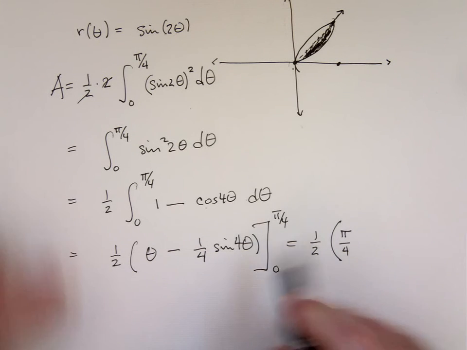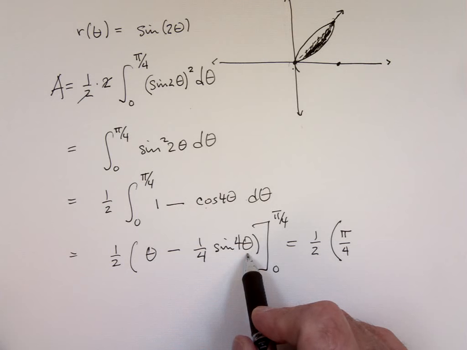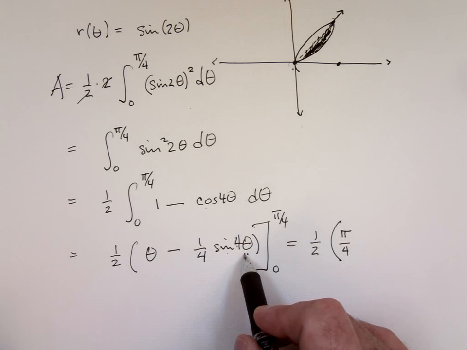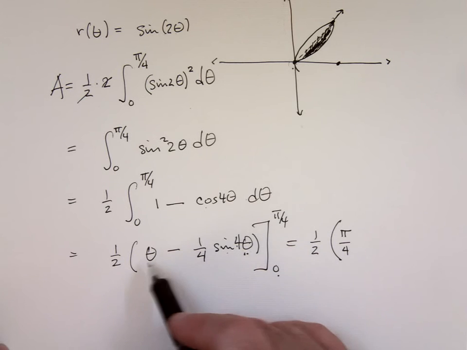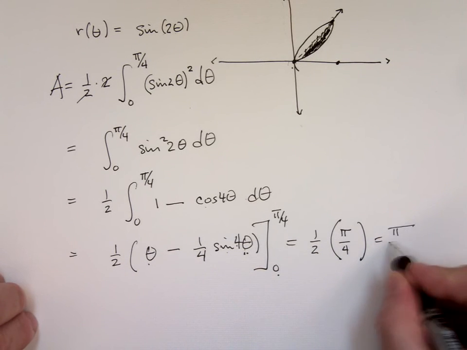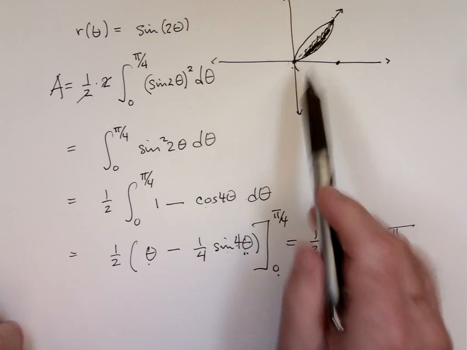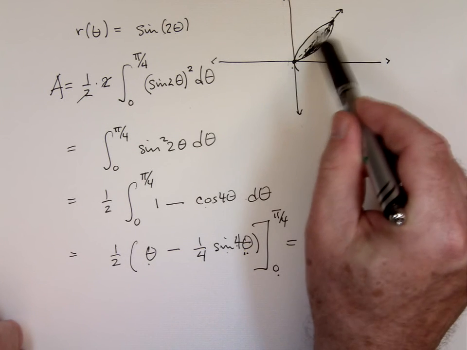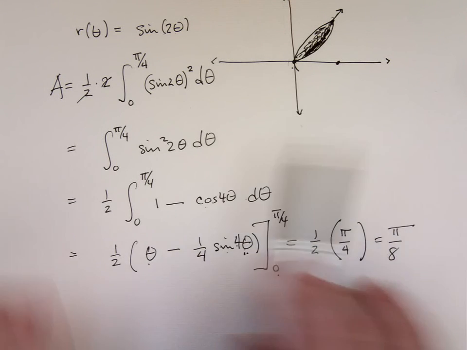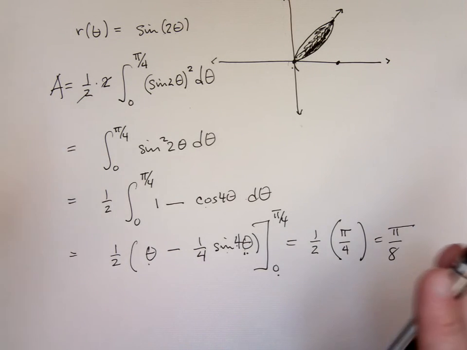Now we substitute in pi over 4 for theta, multiplied by 4, we get the sine of pi, 0. Substitute in 0, 0. The exact area of one petal of this 4 petal rose would be pi over 8. The 4 petals together would be pi over 2.